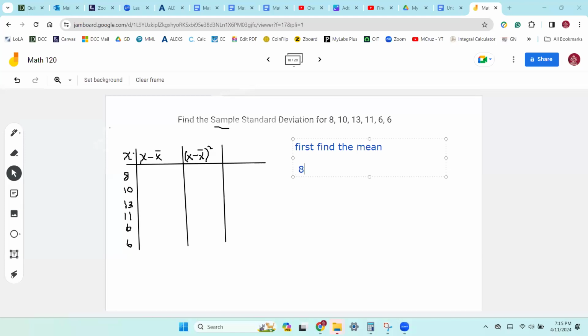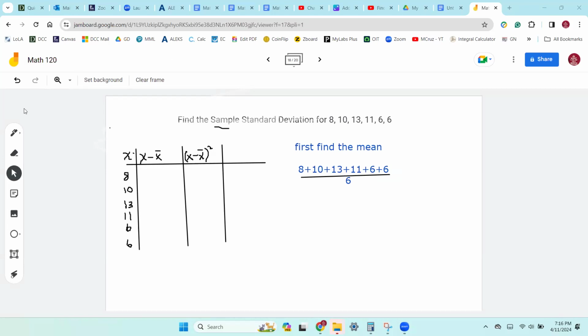So remember, that's 8 plus 10 plus 13, and so on, then I'll put a line. What does that numerator add up to?